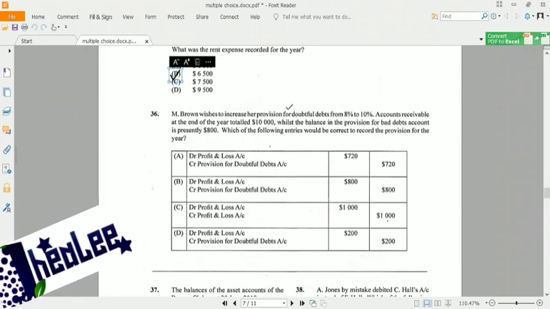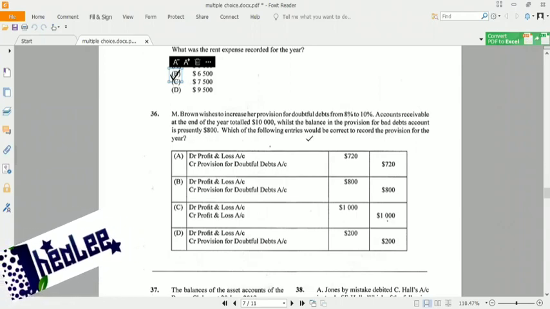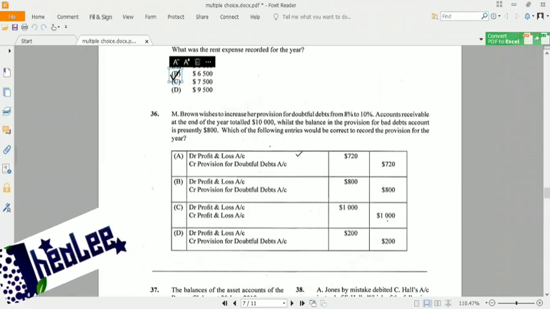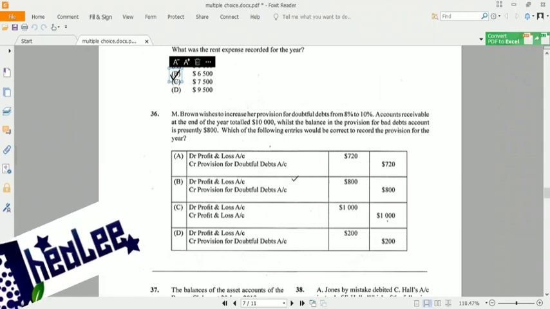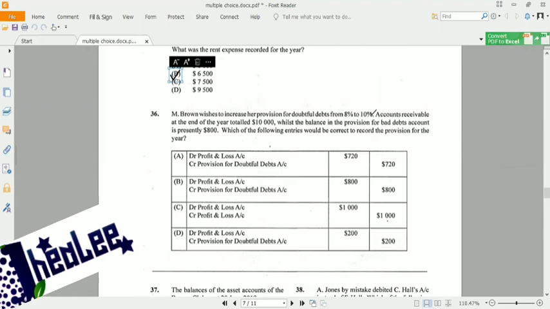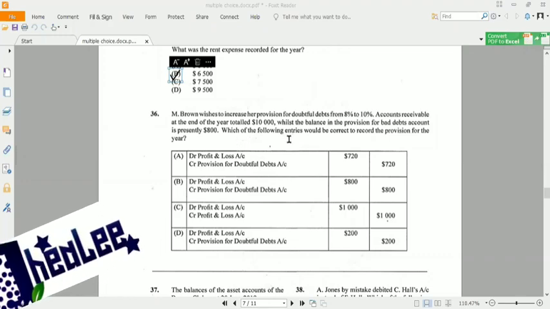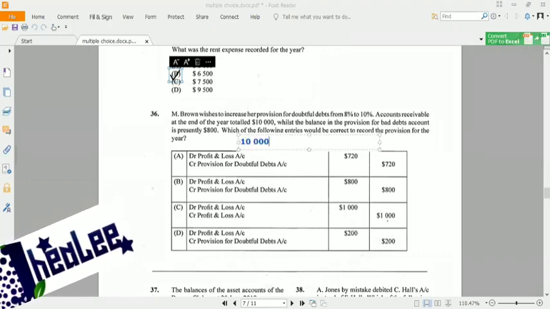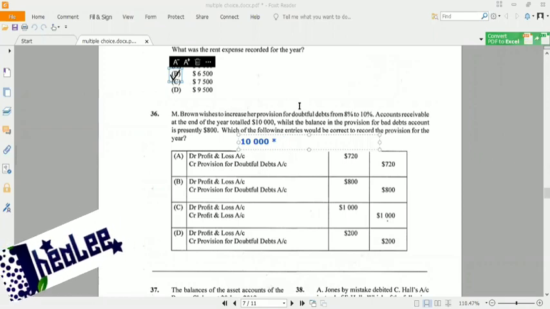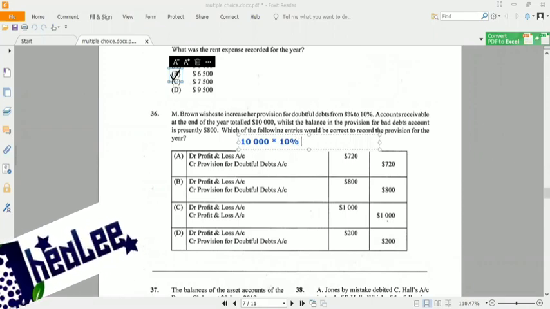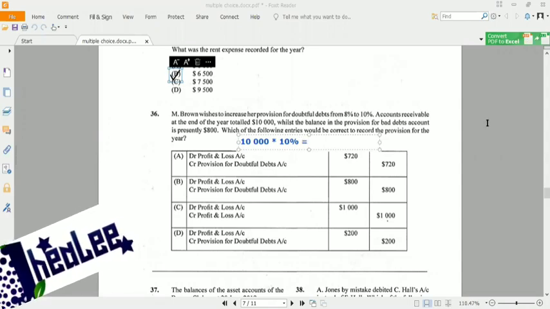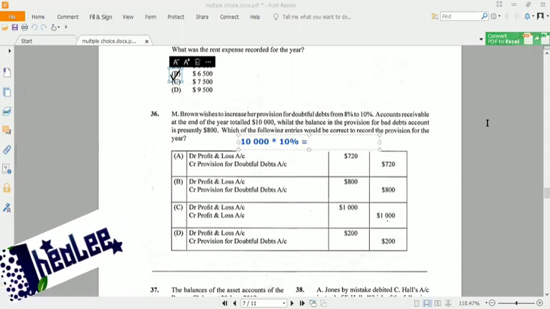The knowledge that I tested earlier, about what would be recorded in the profit and loss account, is the very same thing they are looking at now. So, increasing from 8% to 10%, we need to calculate the provision for doubtful debts for the year. That would be the 10,000 multiplied by not the 8%, but the 10%, because they are increasing from the 8 to the 10. So the new rate is what they are using, and that would give us $1,000.